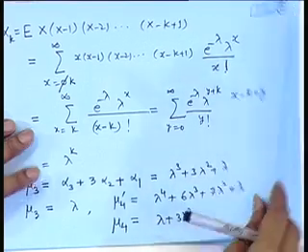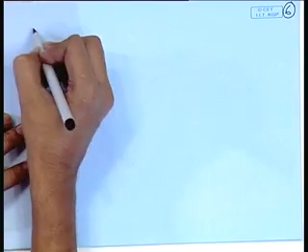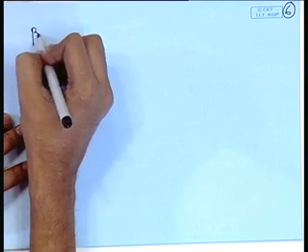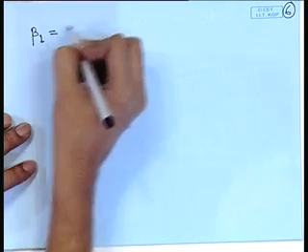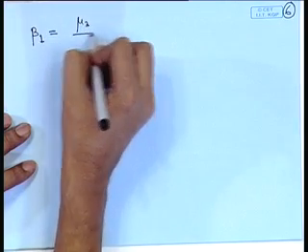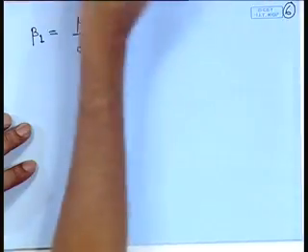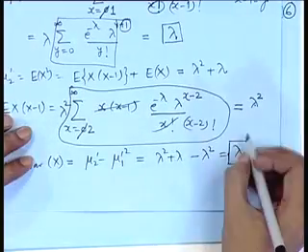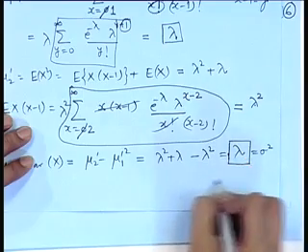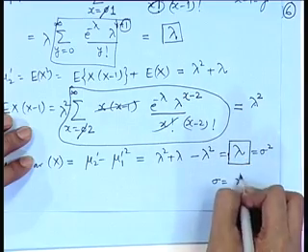So, we can calculate the measures of skewness and kurtosis. Beta 1 is equal to mu 3 divided by sigma cube. So, here if we see sigma square is equal to lambda, that is sigma is equal to lambda to the power half.